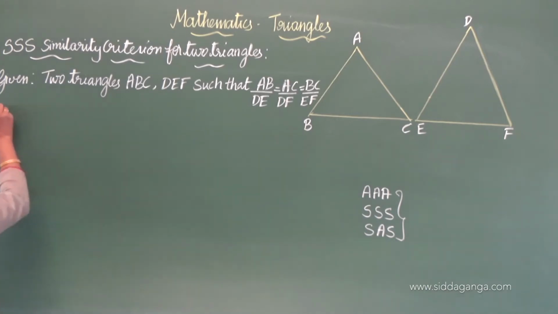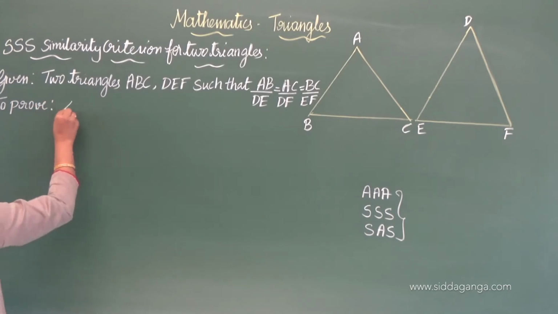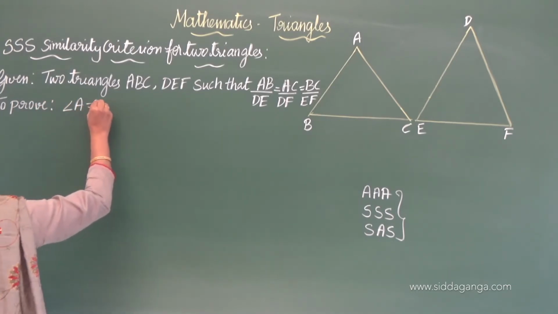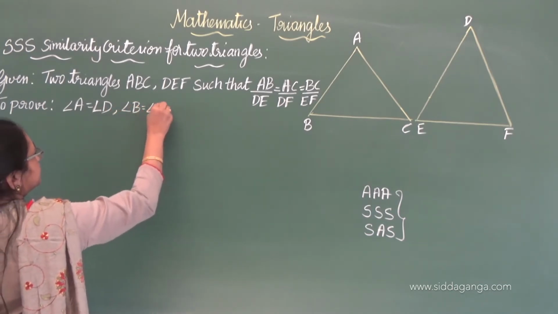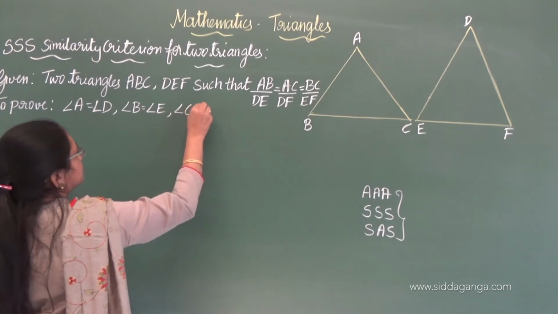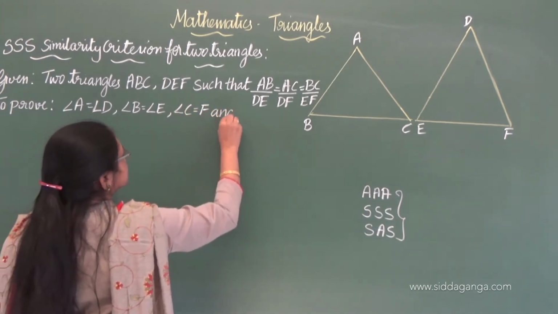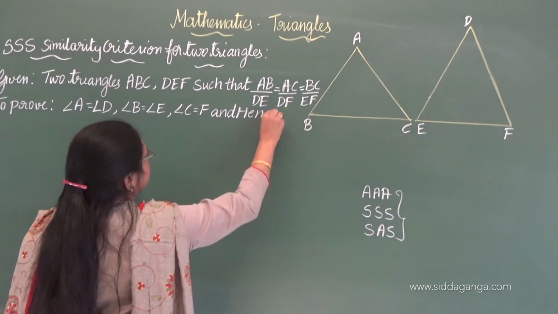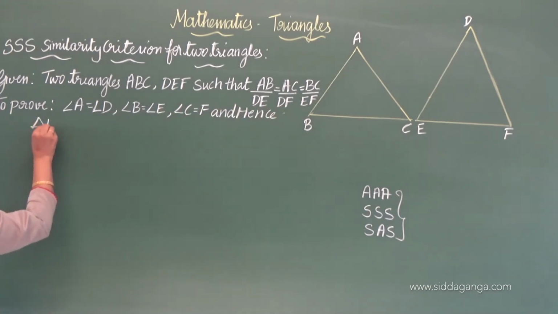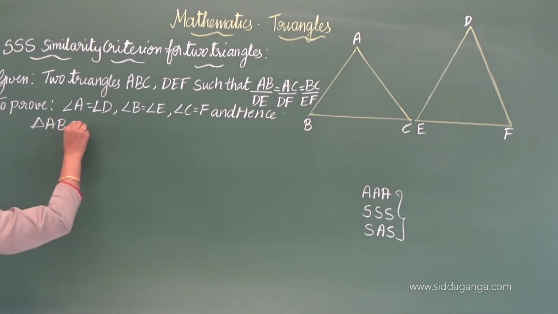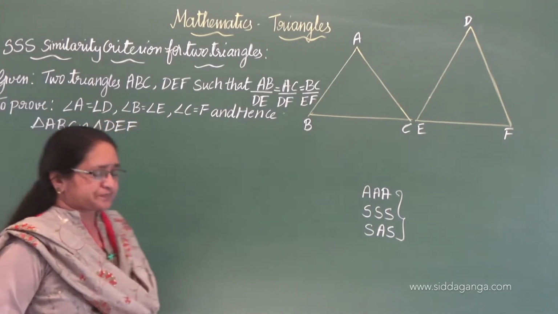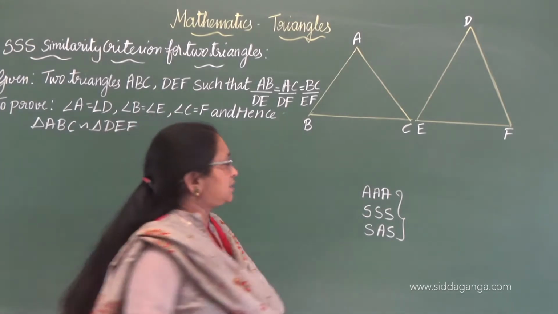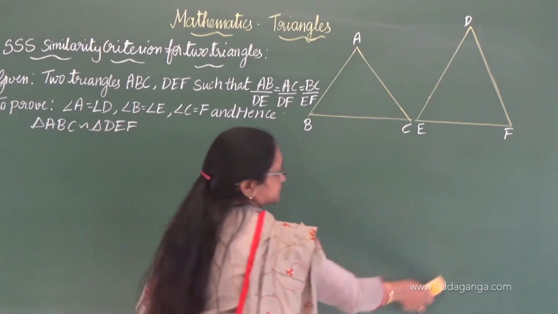To prove: angle A is equal to angle D, angle B is equal to angle E and angle C is equal to angle F, and hence you have to prove that triangle ABC is similar to triangle DEF. I hope you understood now. Okay. Now let us see how we can prove this.